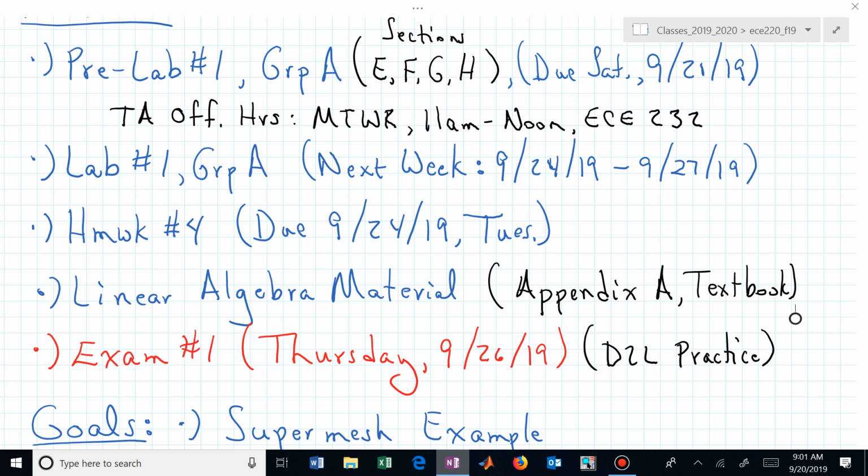And somebody was asking before class what to include in the pre-lab. I would include enough information so that if you go back and look at it in 3 weeks or 4 weeks, you sort of understand what it was that was being asked. For example, on the first one, if it asks for the color codes and you just provide as a solution 4 colors, you're going to go, well, I don't know what that means.